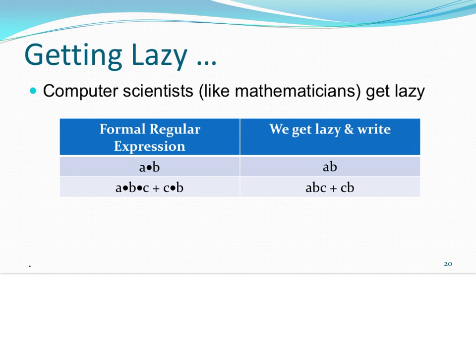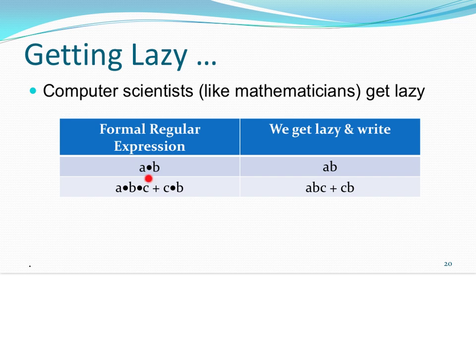Now, it seems to be a never-ending theme in this class that computer scientists and mathematicians, this is actually sort of a mathematical class, and a mathematical topic too, get lazy, right? And so we have this funky dot that we use that I told you is part of a regular expression. And we're going to stop writing it.